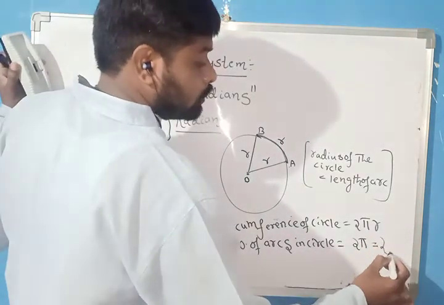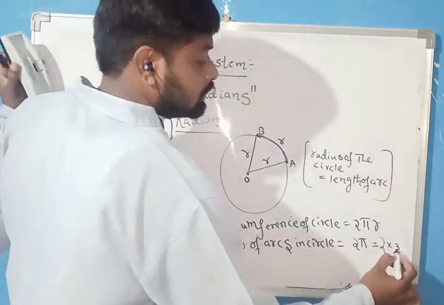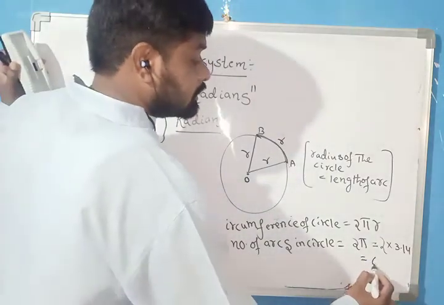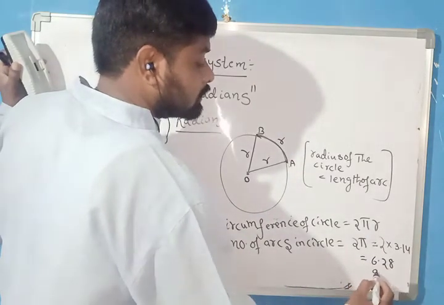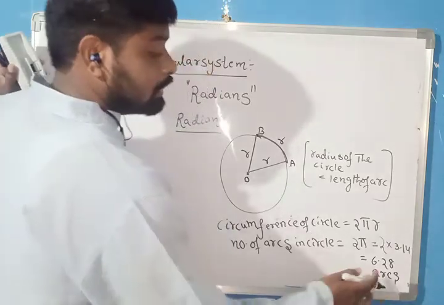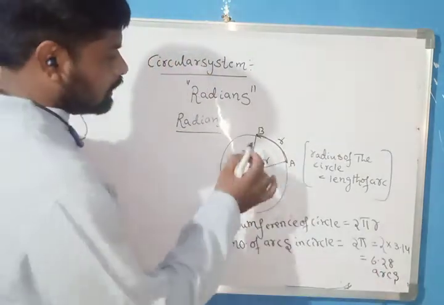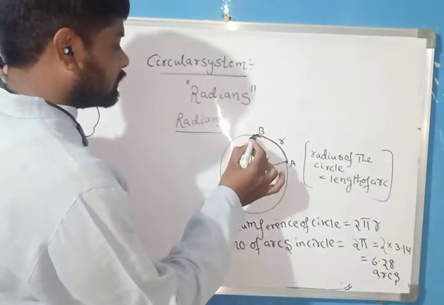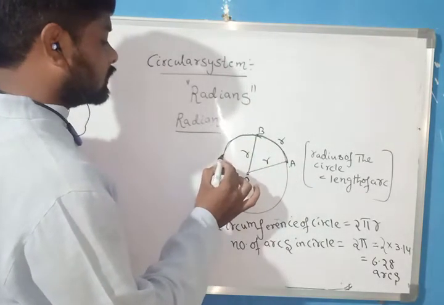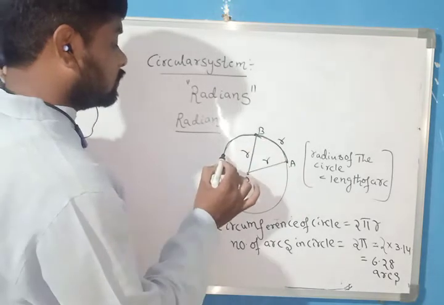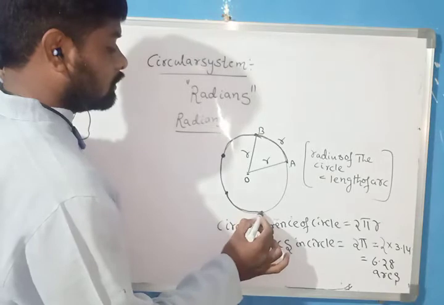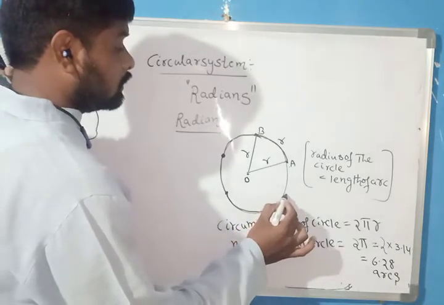Check, no problem. 2 into 3.14, how much? That is 6.28 arcs. Number of arcs in a circle equals 6.28. Correct or not? This is one arc, of the same length you have taken. 1, 2, 3, 4, 5, 6.